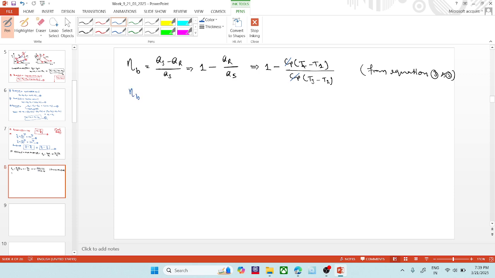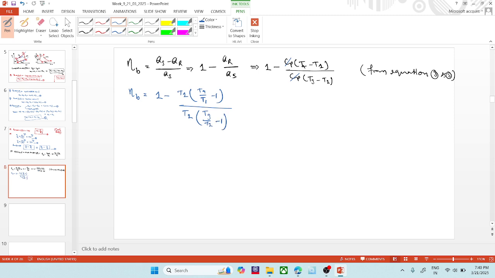Let me take the common T1 from the numerator and T2 from the denominator. Then 1 minus T1 times T4 by T1 minus 1, divided by T2 times T3 by T2 minus 1.